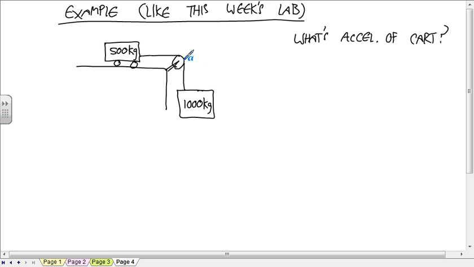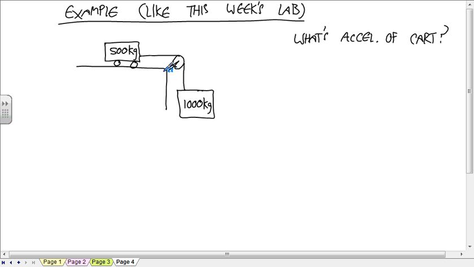Well, actually, the cable tension is not going to be 1,000 times 9.81, and the reason for that is that these are accelerating, and we'll see how that works.